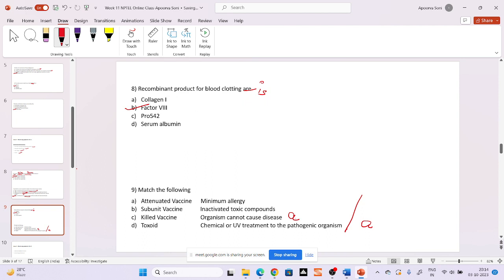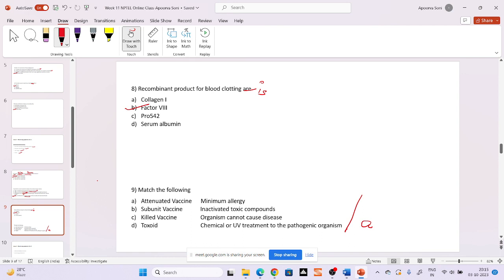Okay, then subunit vaccine: organism cannot cause disease.